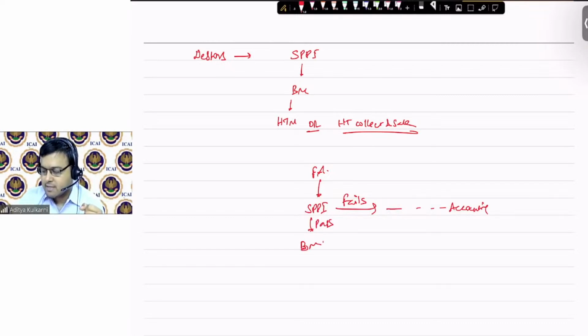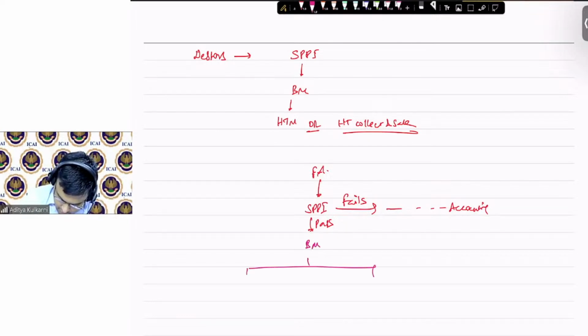In the business model test, there is no pass and fail. The business model test fits into two: held to maturity or held to sell and collect.